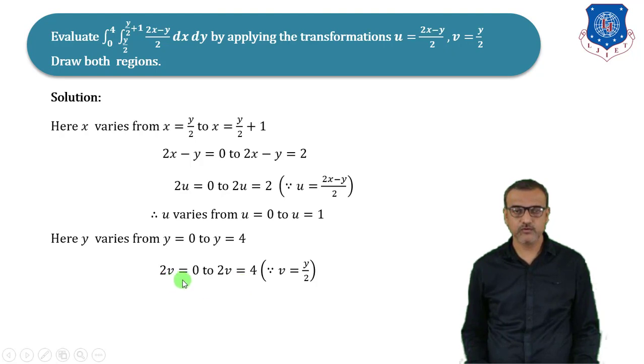So 2v equals 0 gives v equals 0, and 2v equals 4 gives v equals 2. Therefore v varies from 0 to 2. So we have the limits of u and v: u will vary from 0 to 1 and v will vary from 0 to 2.